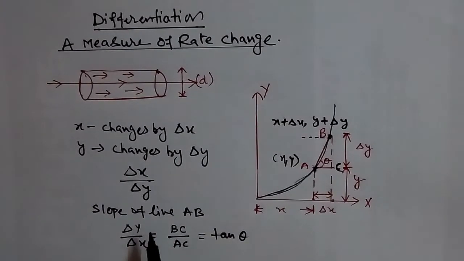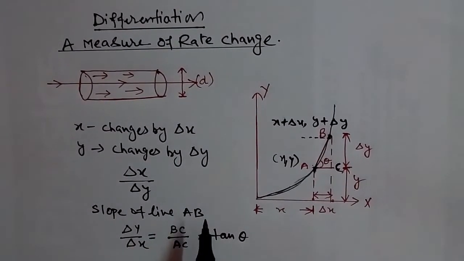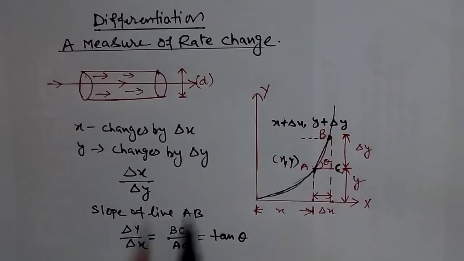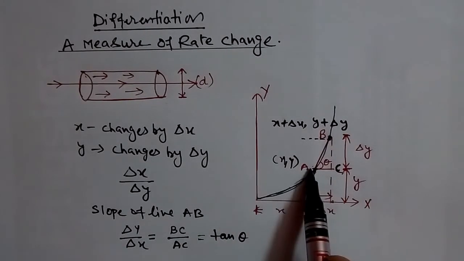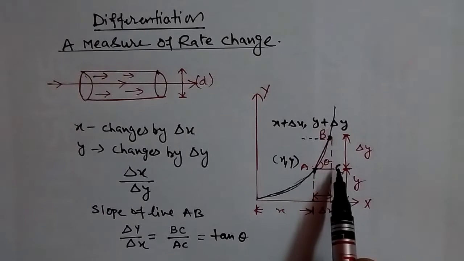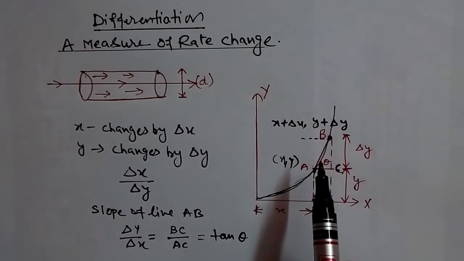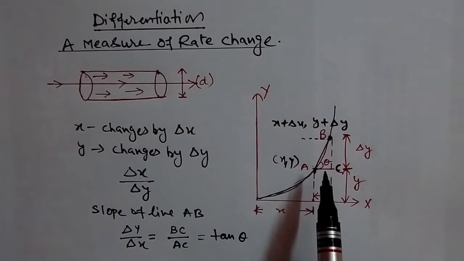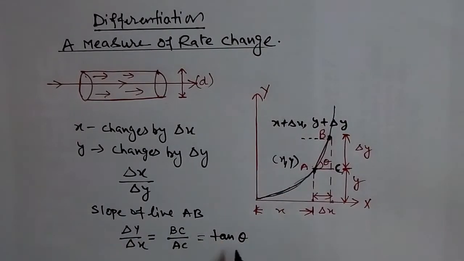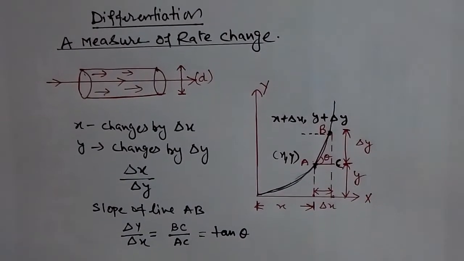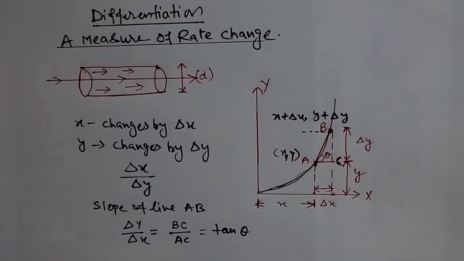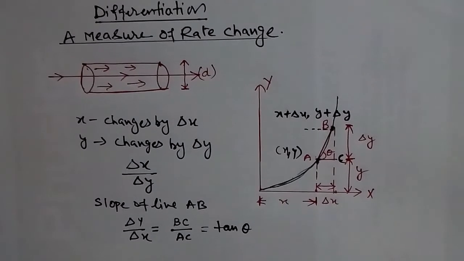Remember, this slope of line AB can only give you the entire change in the region of AC and BC. But if we really want to find out the particular value of y at a particular point of x, then this slope of the line is not able to give you the exact value. This means we have to bring some kind of change to this particular equation. Now what can we do?